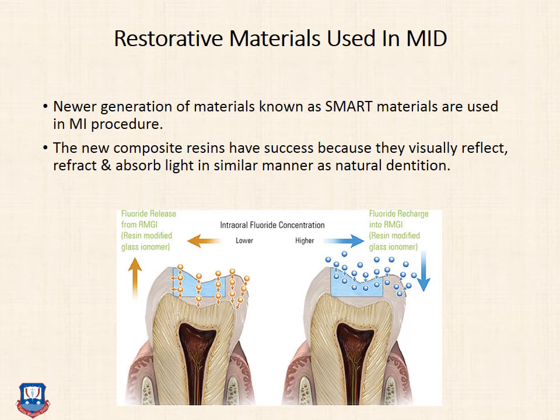So if in the oral cavity the fluoride concentration has reduced, the restoration itself will release fluoride, while if the fluoride concentration is high, the fluoride recharge will happen. So the fluoride from the oral cavity will move on to the resin modified glass ionomer.